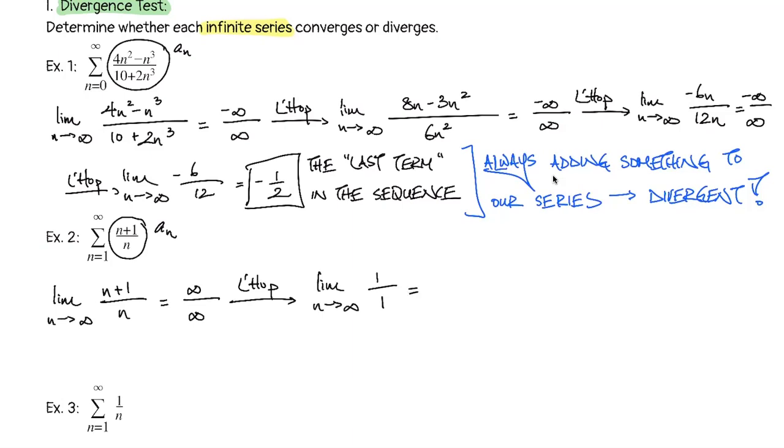So that means that my quote unquote last term in the sequence is 1. So like before, it means I'm always adding something to our series. Okay, not my sequence, my series. I'm always adding something to the series. So therefore, this series diverges.